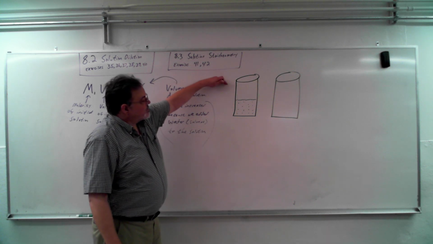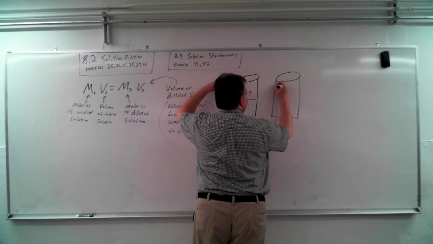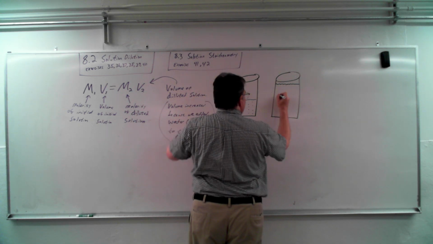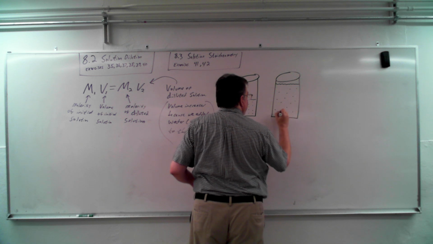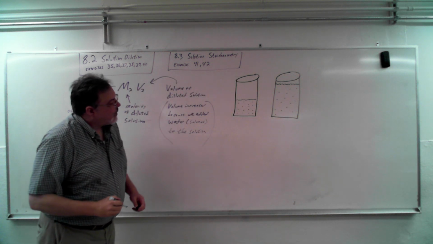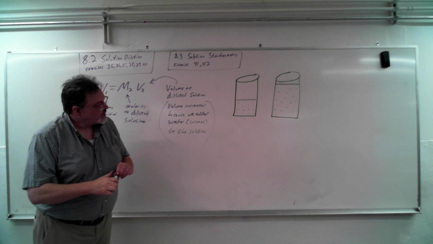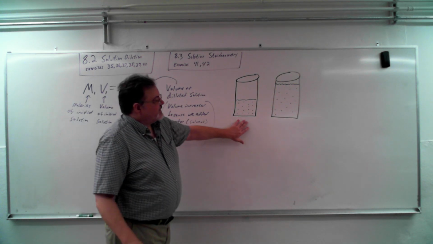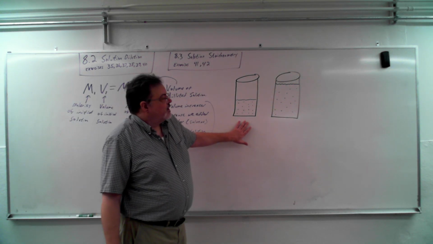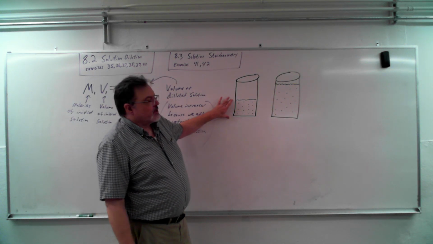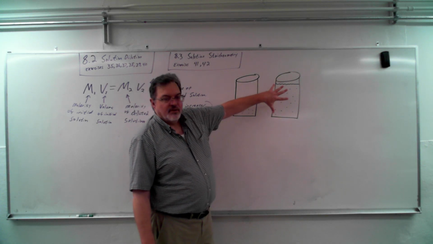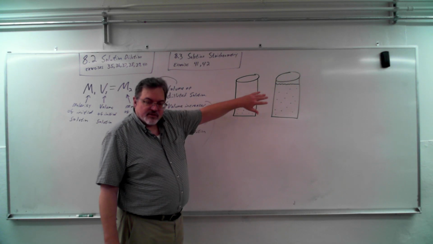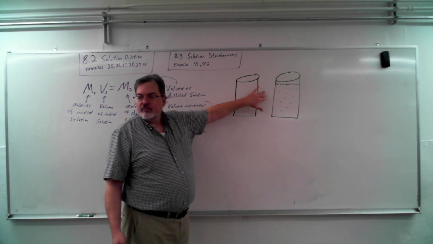If I add a bunch of water to this, or solvent, whatever the solvent is, the point is, this is concentrated. If you just add pure water, you don't put more of your solute in there, and then the solute is spread out. So this is dilute, it's diluted.